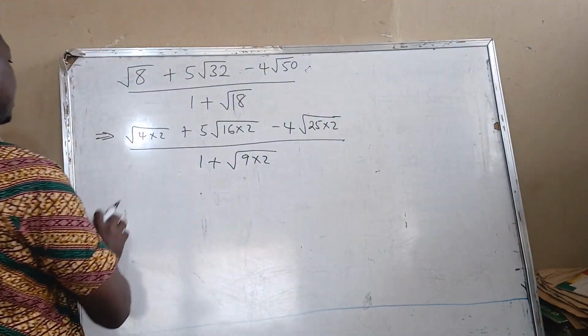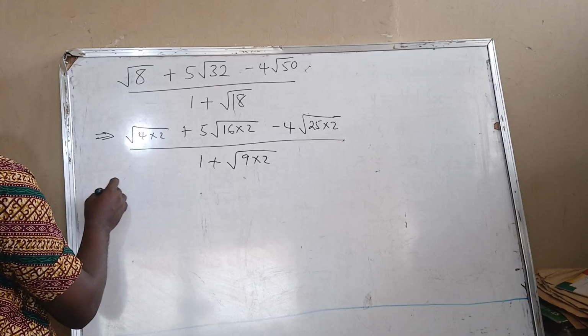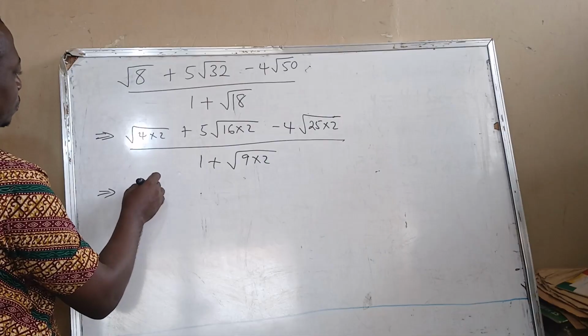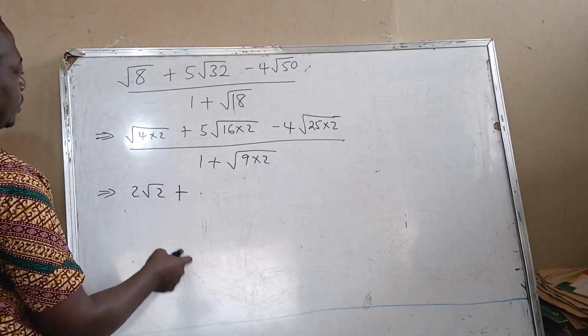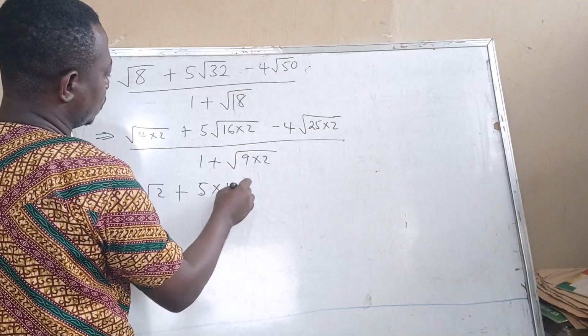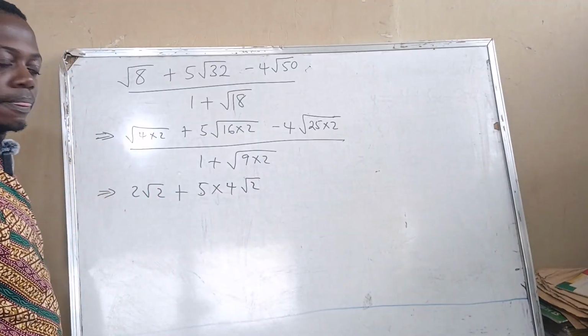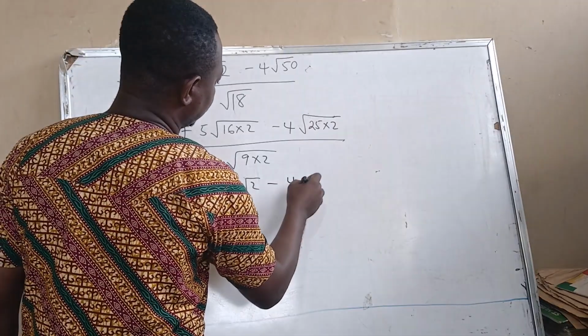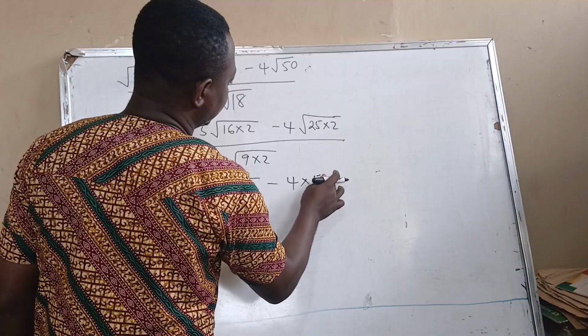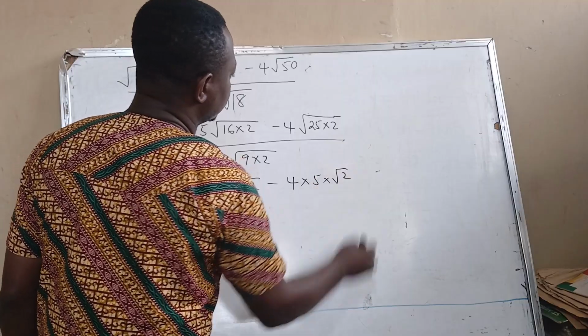I don't want to waste time here. So this side will be 2 root 2, plus 5 times 4 root 2, minus 4 times 5 root 2.